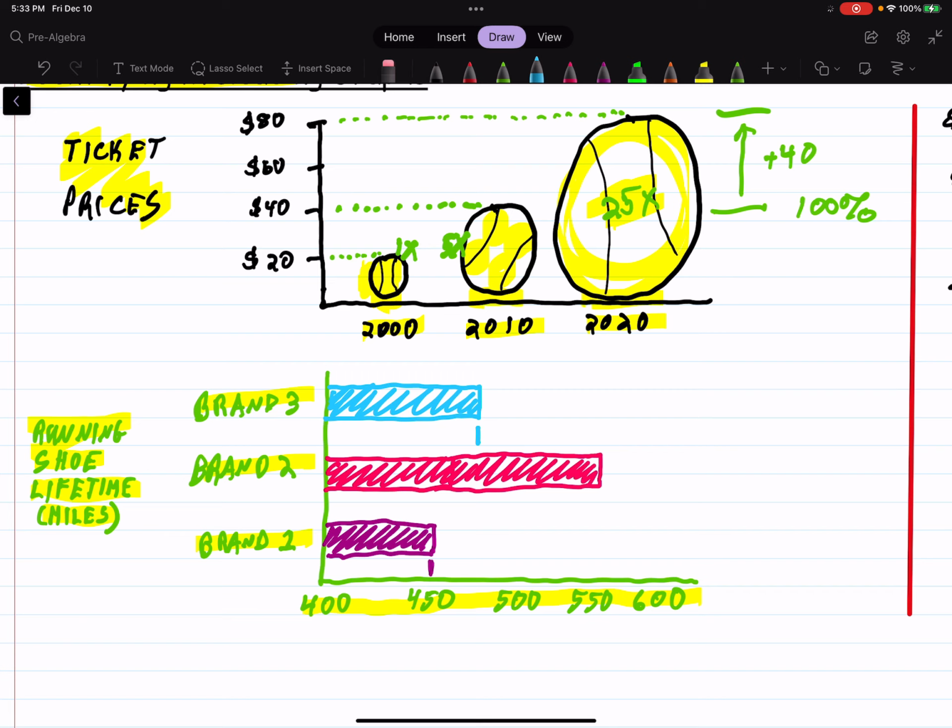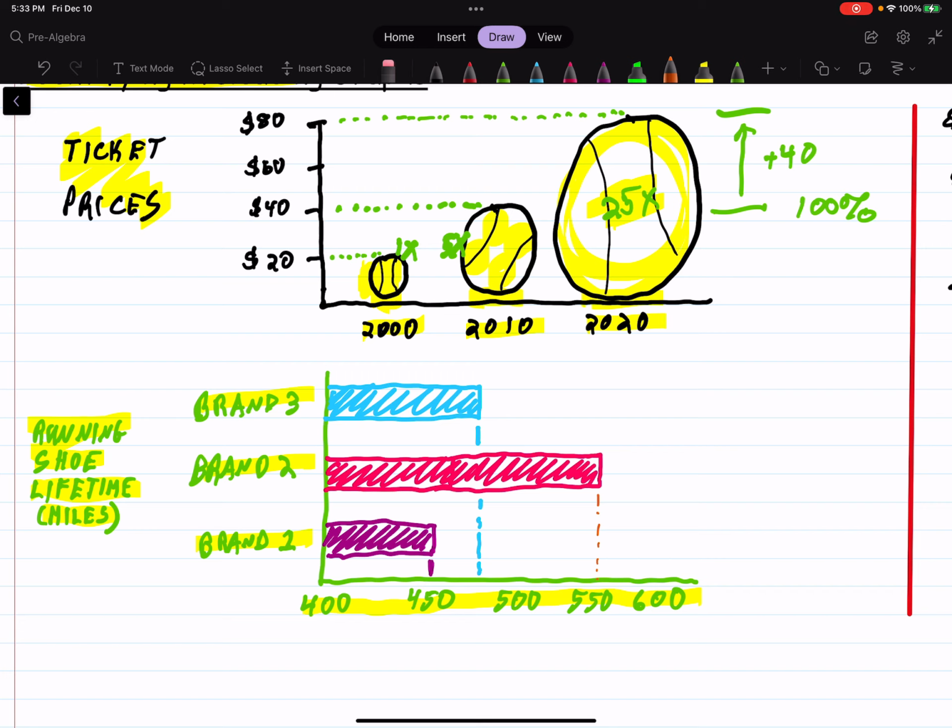Brand 2 looks like it made it about 475, and brand 3 made it to about 550. And that looks like a pretty good lead there for brand 3 over brand 2 and over brand 1.